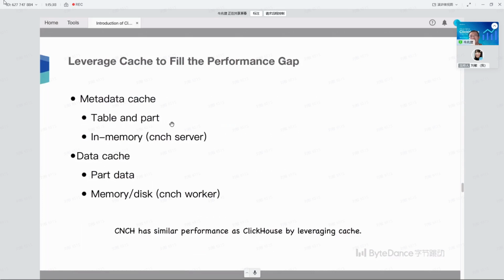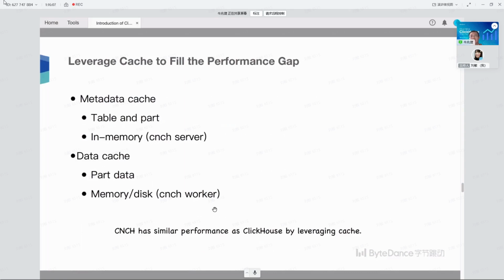So in most cases, especially for hot data access, there will be no remote access overhead, because it can be gotten locally. And the second layer is the data cache. We have the part data cache on the worker side, and we utilize the memory and the disk of the worker resources to store that cache.